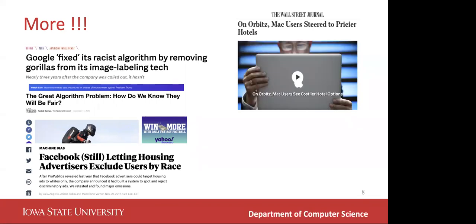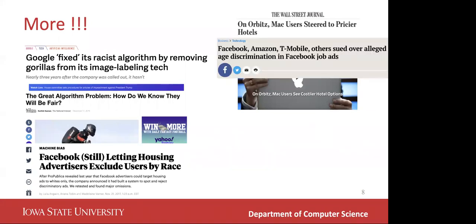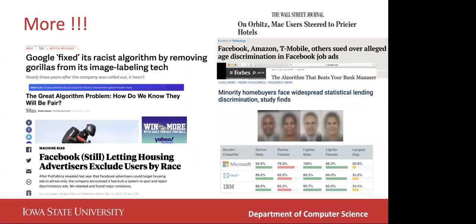And if you are using a Mac, your hotel price is higher than others. Facebook, Amazon, and T-Mobile have also been alleged to engage in age discrimination in Facebook job ads. So with this, we understood that this is a very important issue, and we need to investigate more to understand how software is being used and how fair its decisions are.